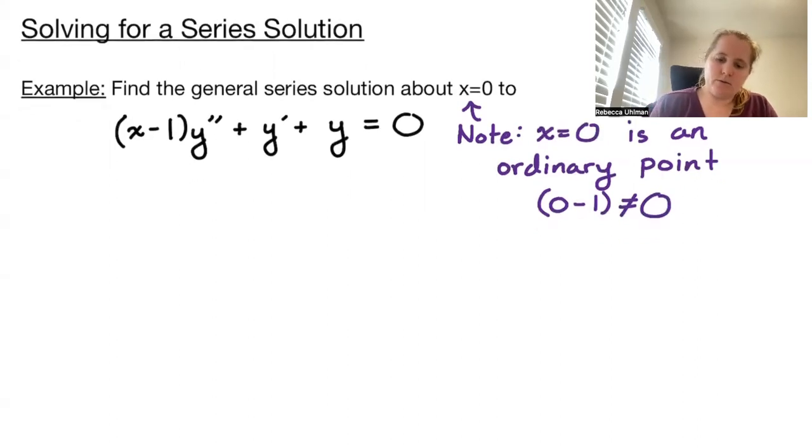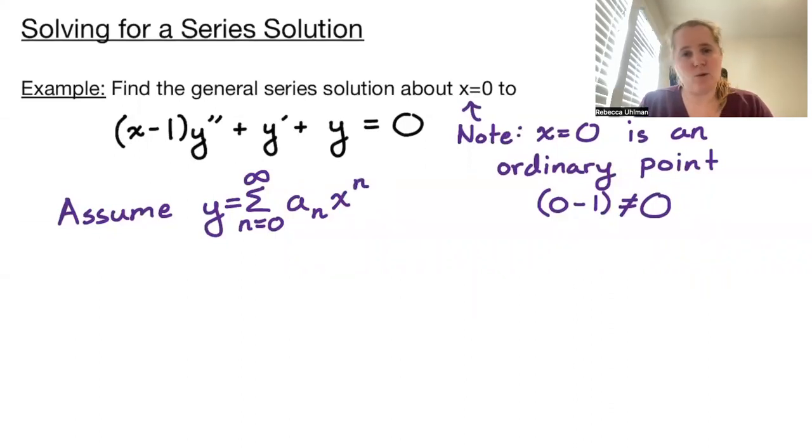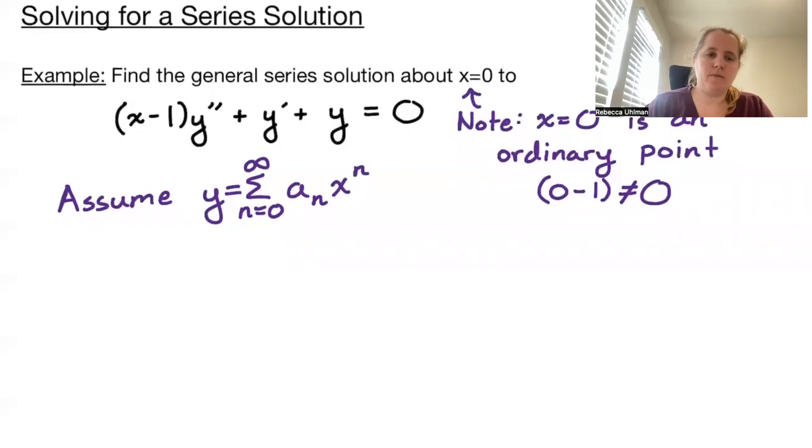So what we're going to do is go ahead and assume that y is equal to the sum from n equals 0 to infinity of a sub n x to the n, or you can do x minus 0, or just x to the n.